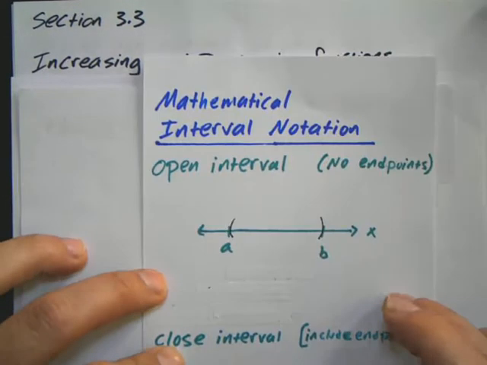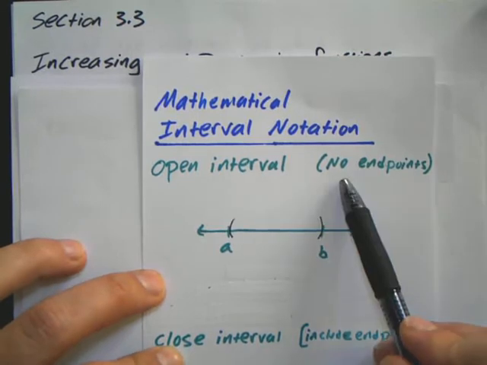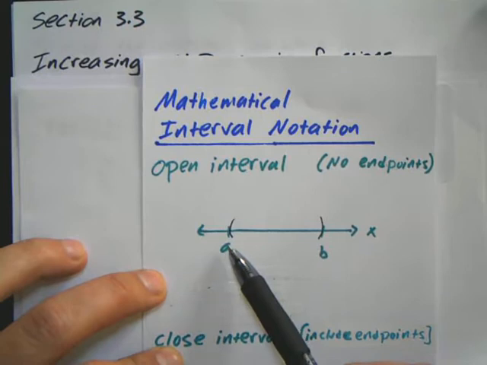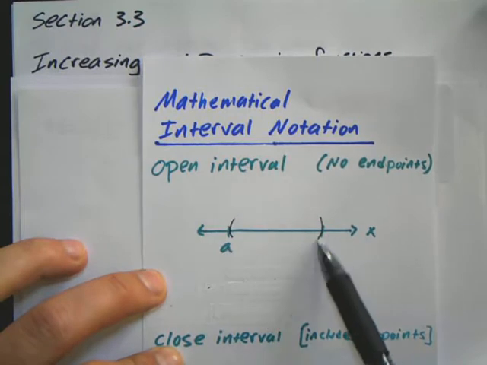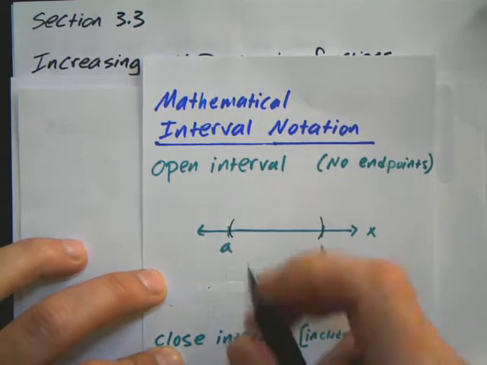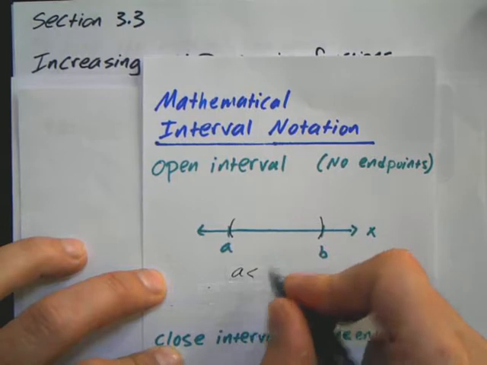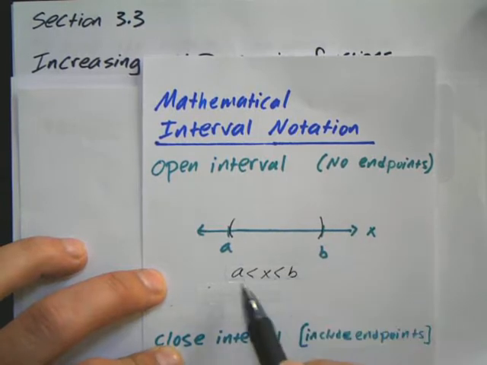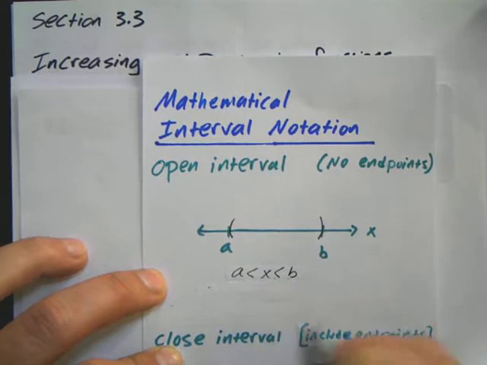mathematical interval notation. Now you might have used this in pre-calc and possibly even in algebra 2. An open interval is going to be parentheses that don't include the endpoints. So if it's inequality, it'd be a is less than x, but x is less than b. So it's everything in between, but not including the endpoints.